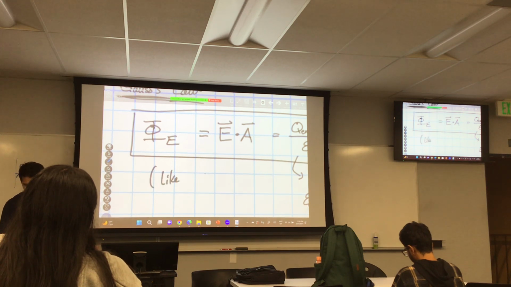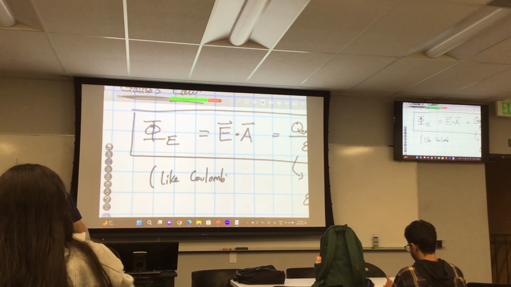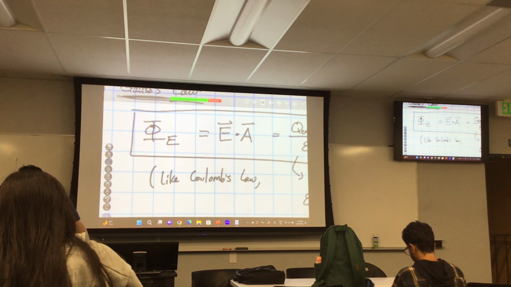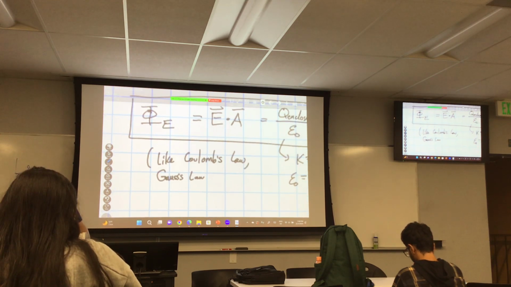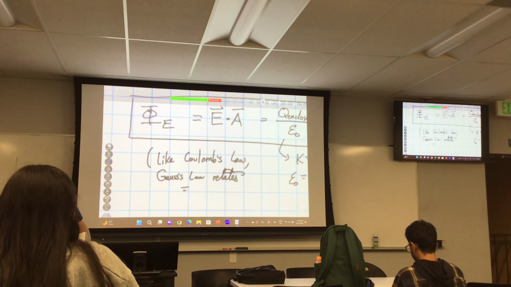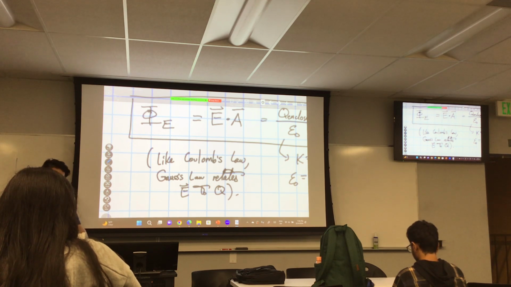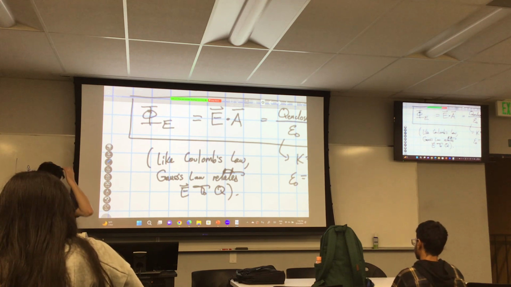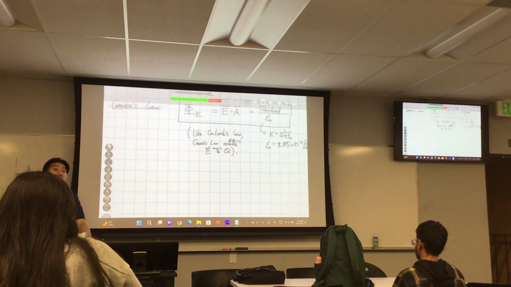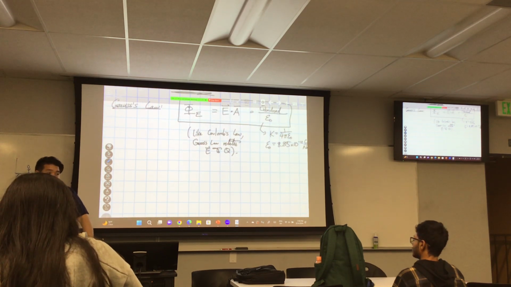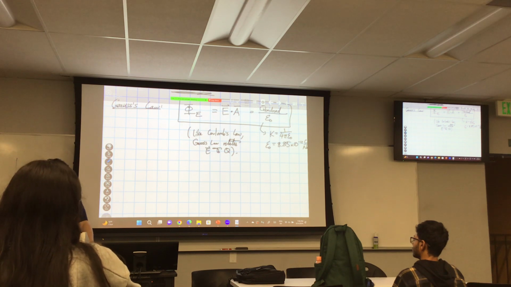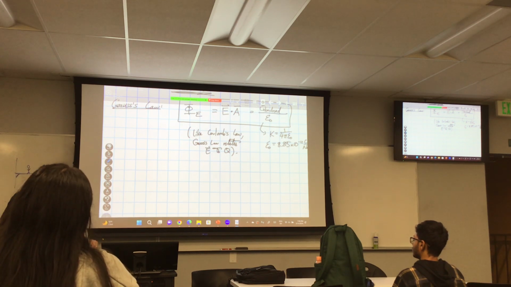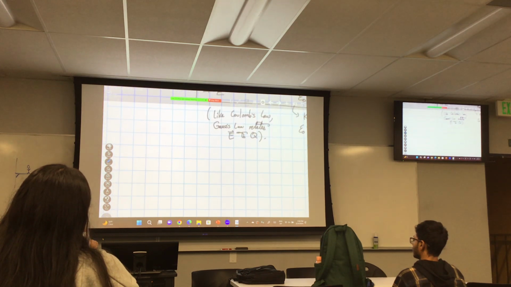So like Coulomb's law, Gauss's law relates E to Q. So let's compare and see what information Coulomb's law gives us versus what information Gauss's law gives us.